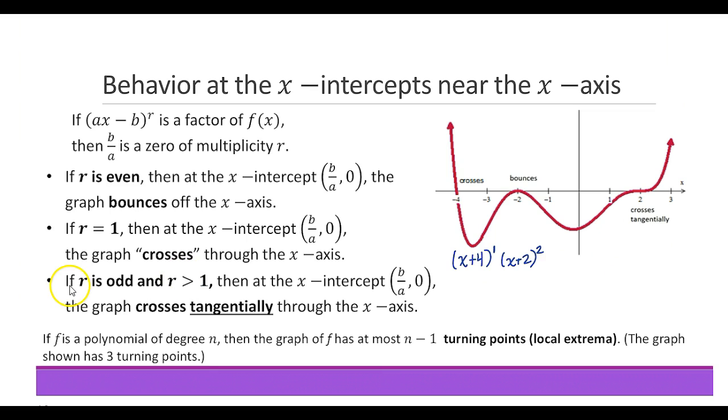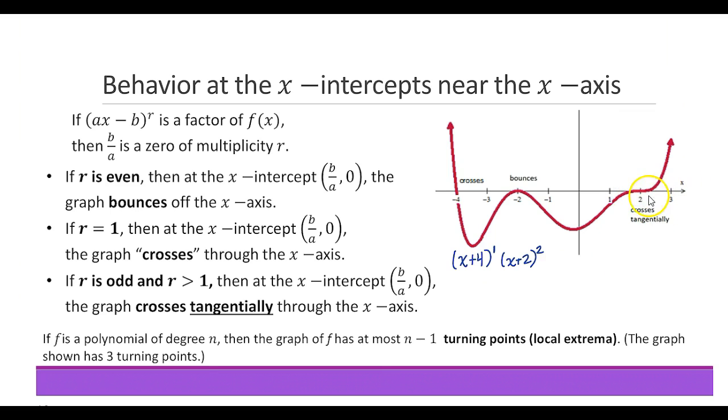So then finally, we have if r is odd and r is greater than 1. So now if the multiplicity r is an odd number, but it has to be bigger than 1, so 3, 5, 7, then at that x-intercept, b over a, 0, the graph crosses tangentially through the x-axis. So it's still going to go through the x-axis, but it's going to sort of flatten out a little bit.